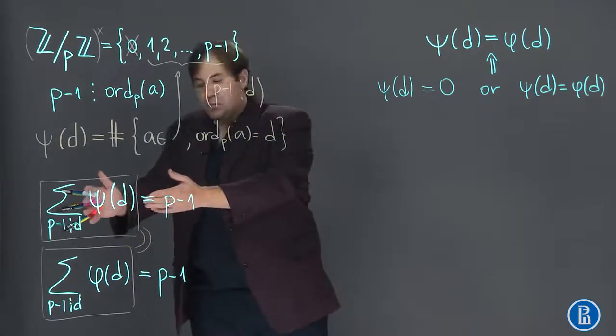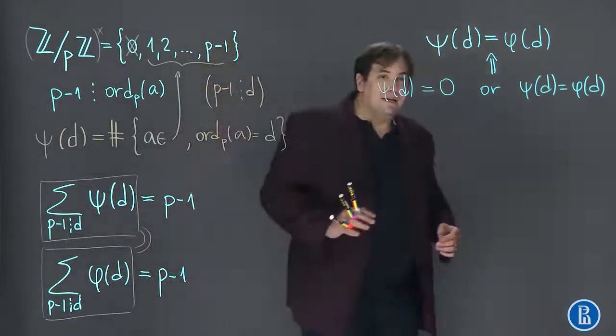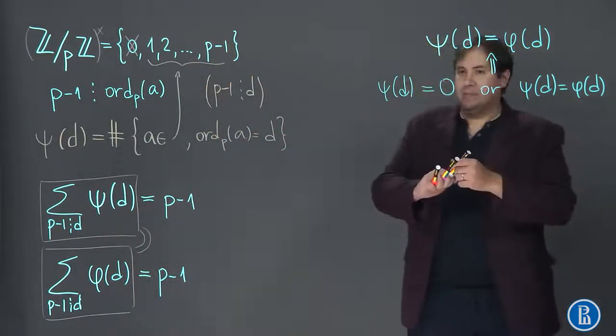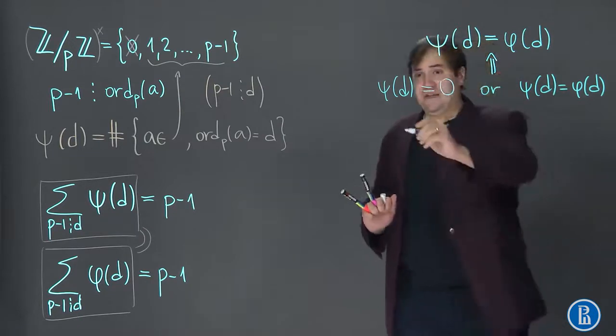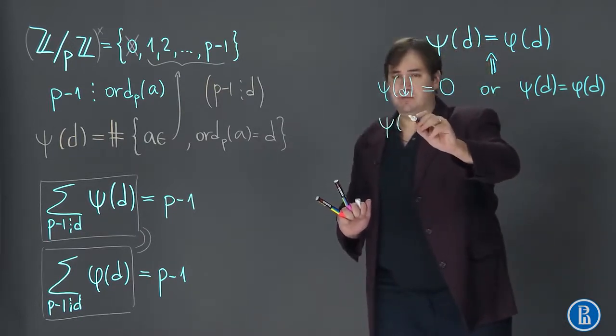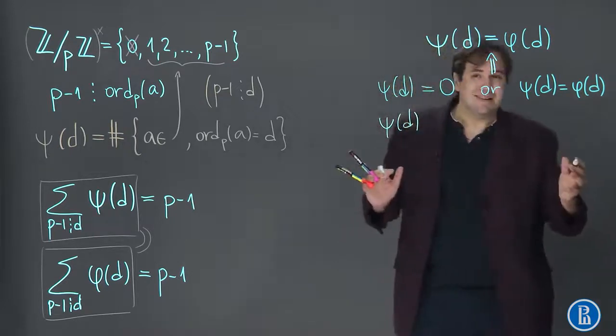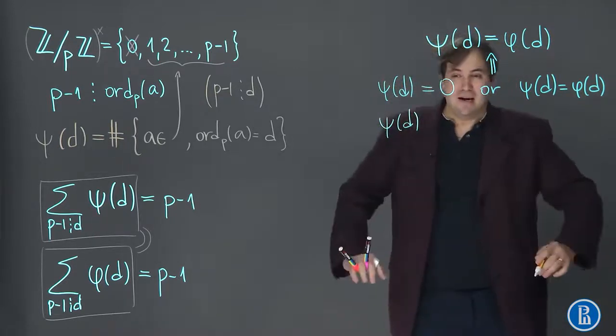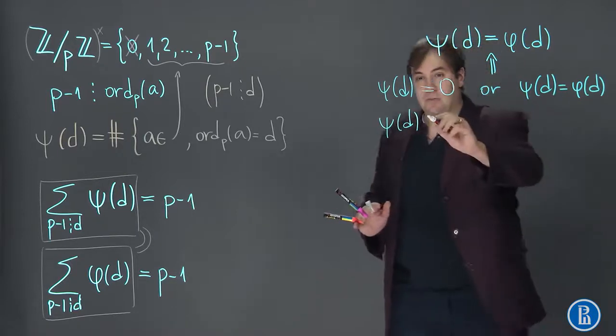Otherwise, this sum would be less than this one. Okay, so what can we say about psi of d? Well, it's either 0, then we already have this case, or it's greater than 0.